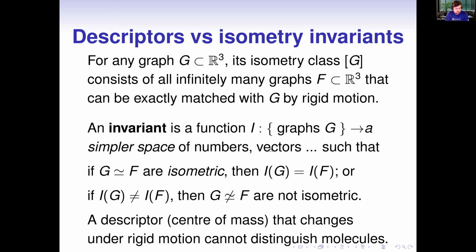So invariant is a function from graphs that are located in the Euclidean space in our case to something simpler, like a number of vectors or numbers or whatever. And basically, the invariant has the property that if G and F are the same, then the invariant shall be the same. And obviously, if the invariants are not the same, then those objects are not the same.